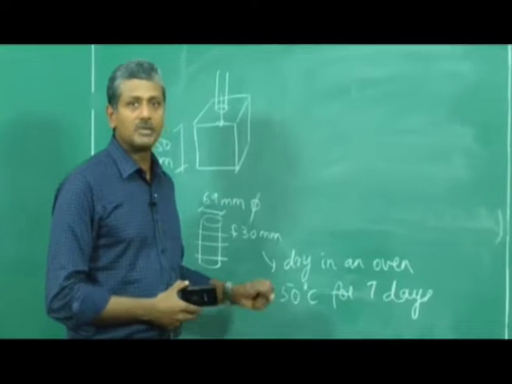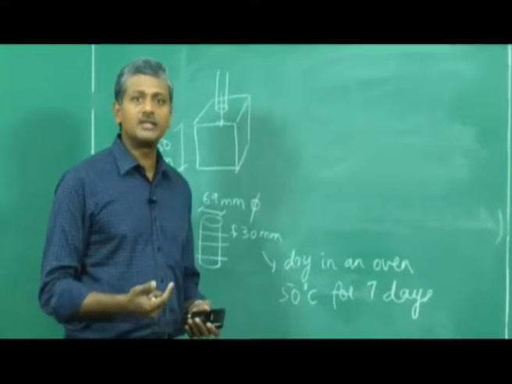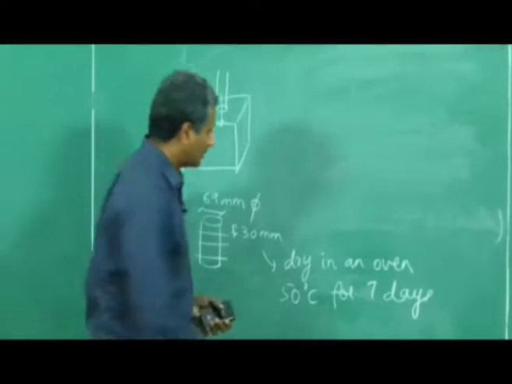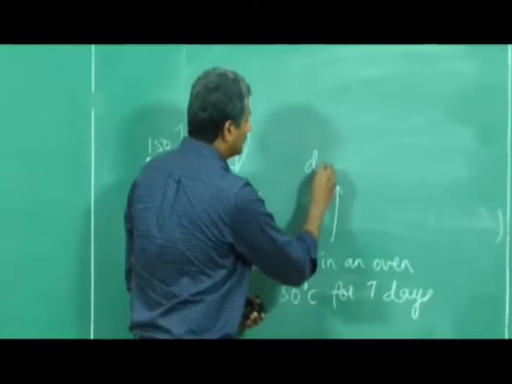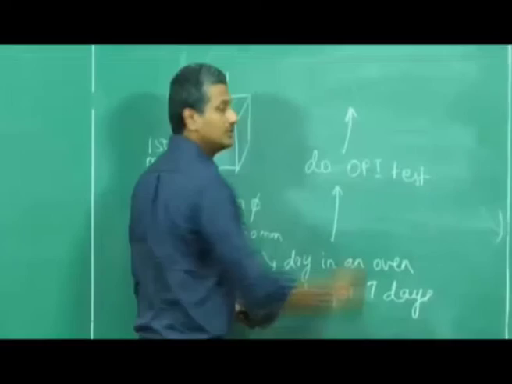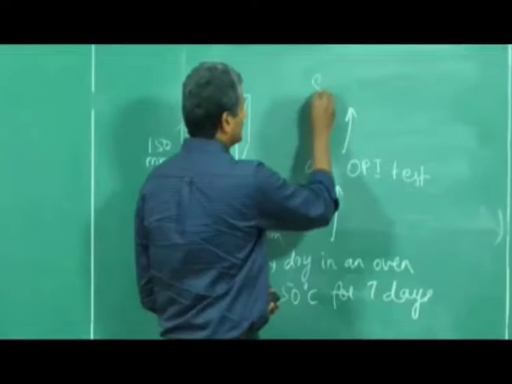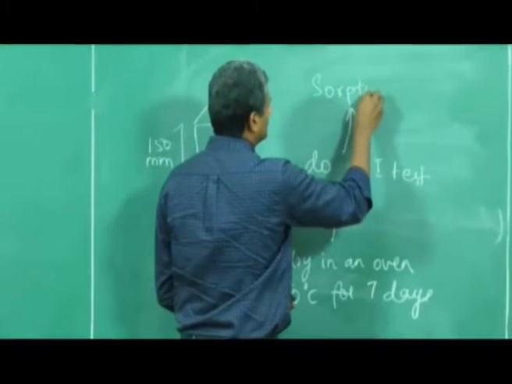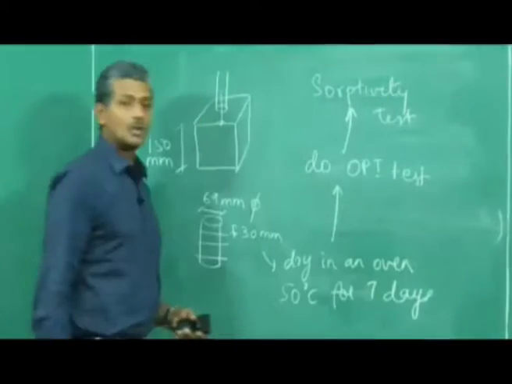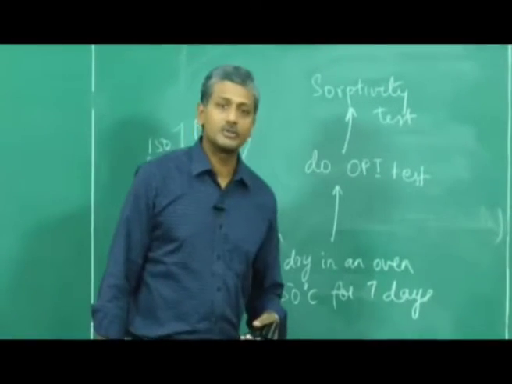So you can prepare your sample that way, and after the drying is completed, you can do your oxygen permeability test first. Then you can use the same sample to do the sorptivity test.